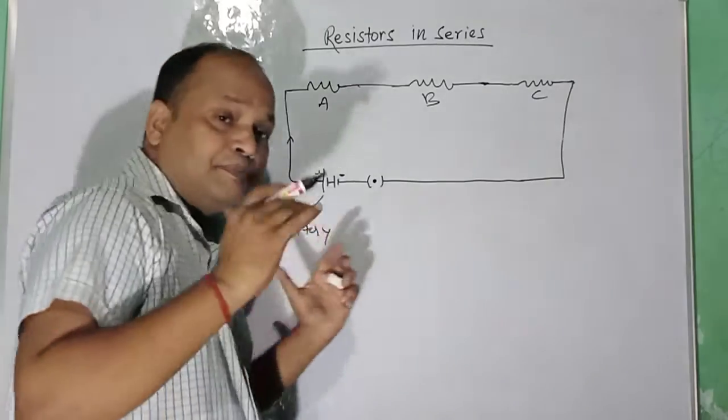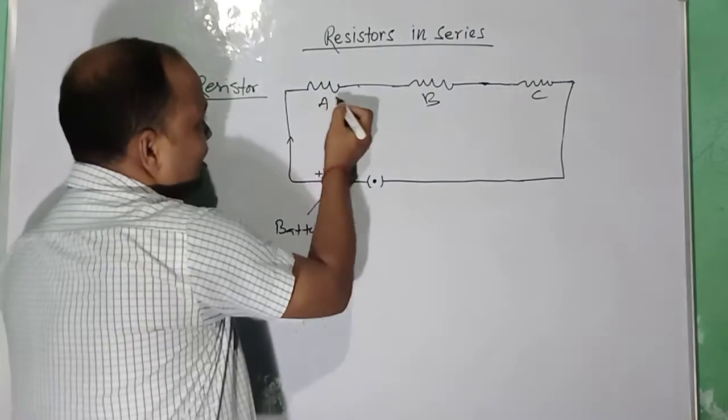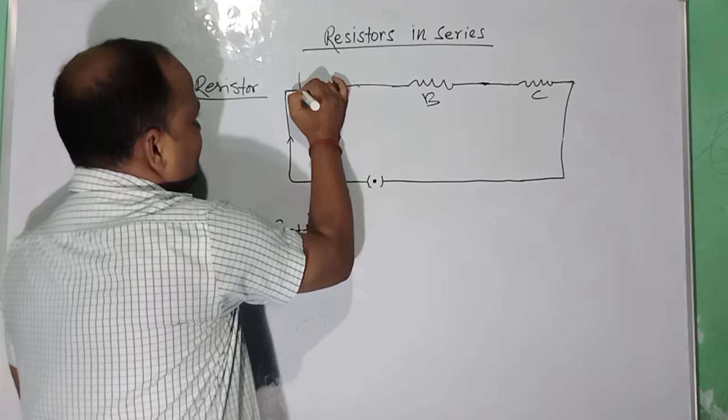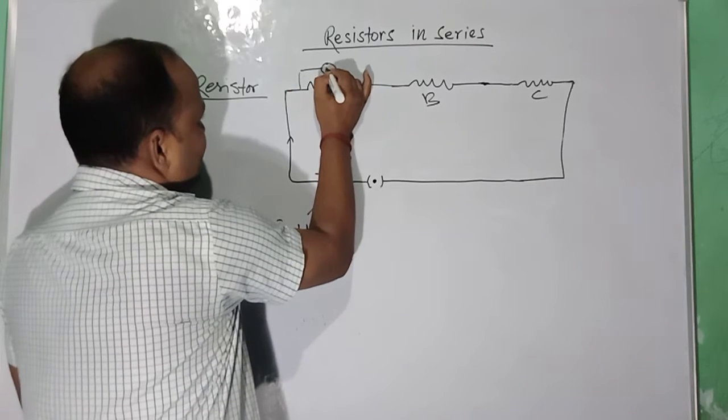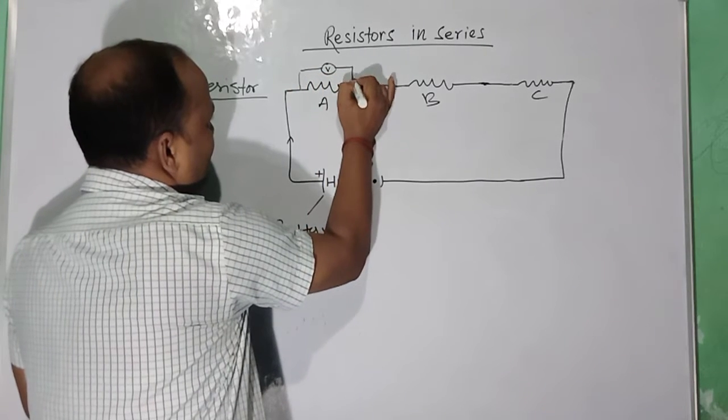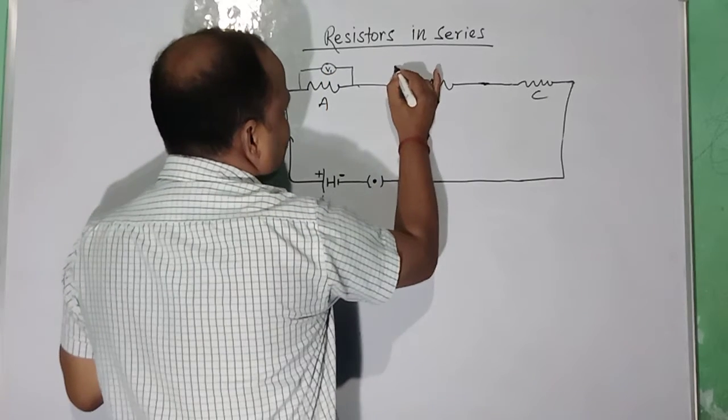Now practically it has been found that on each resistor the potential difference, if you measure, will be different.